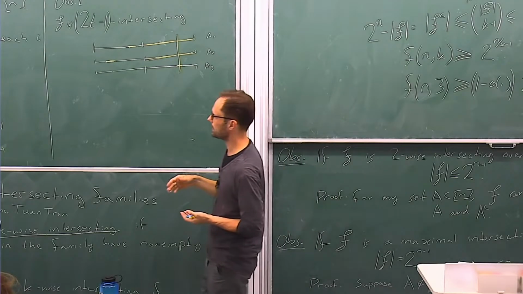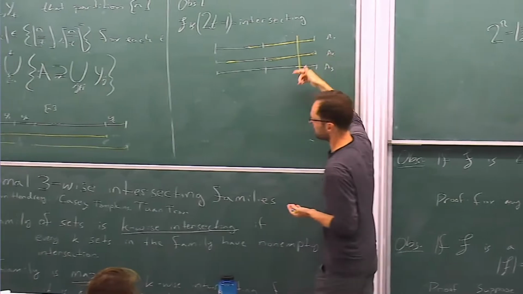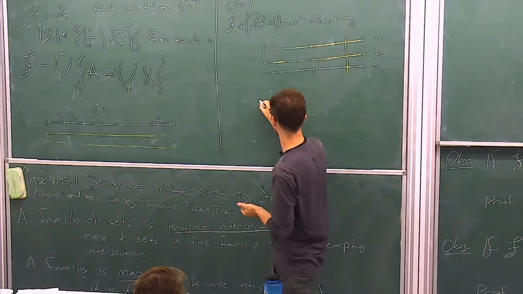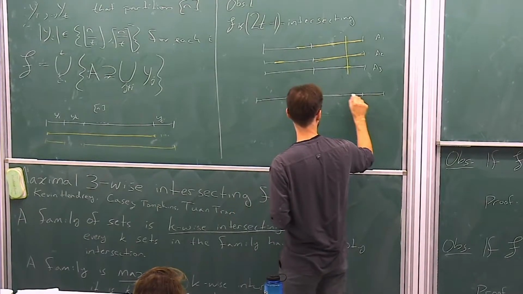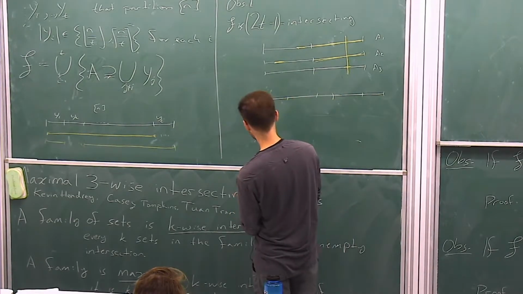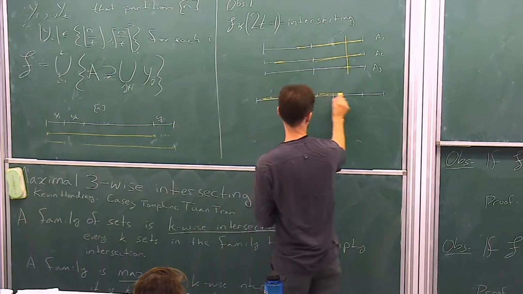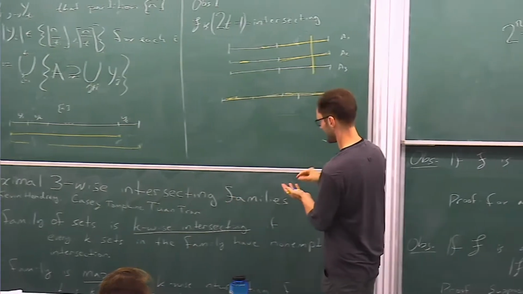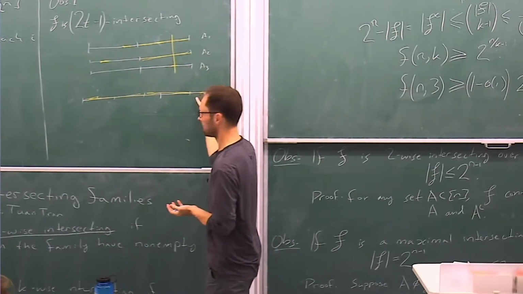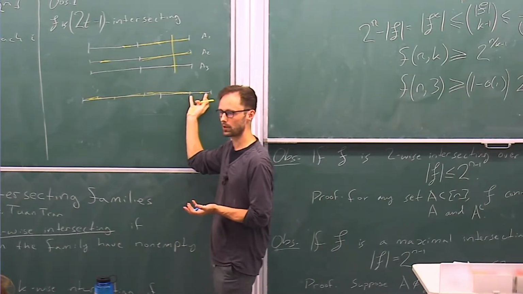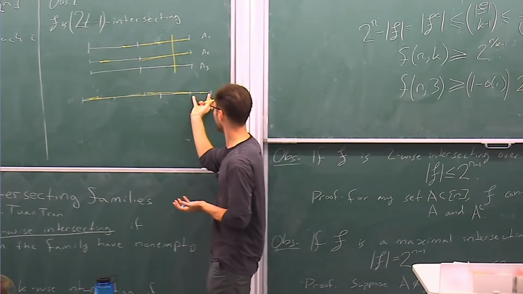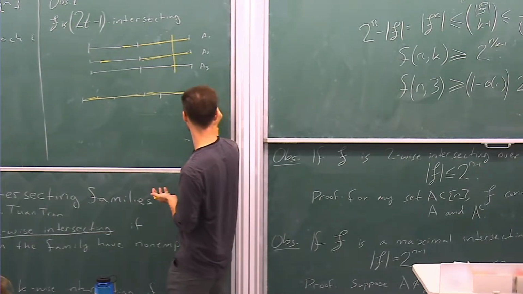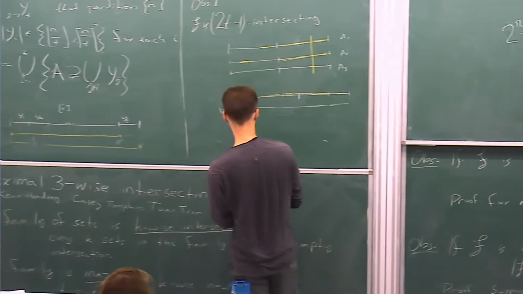And similarly, if t is larger, we're going to take some sets to kill this last section. We're going to kill yt, and it will take us at least two sets in the family to do this.